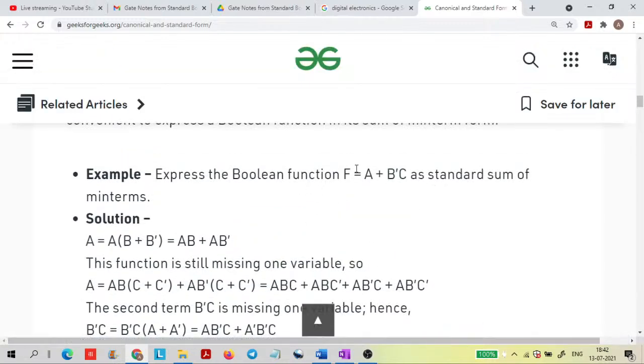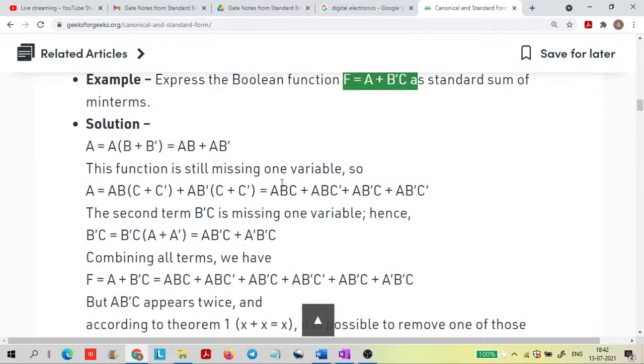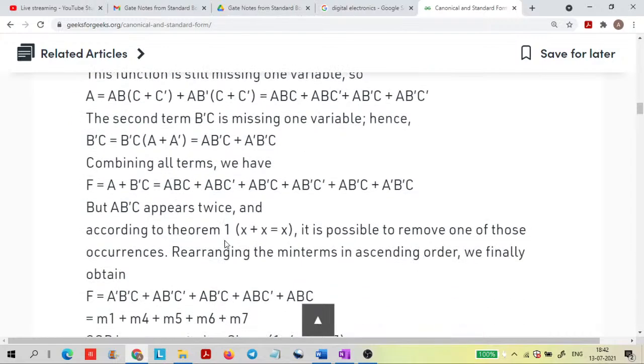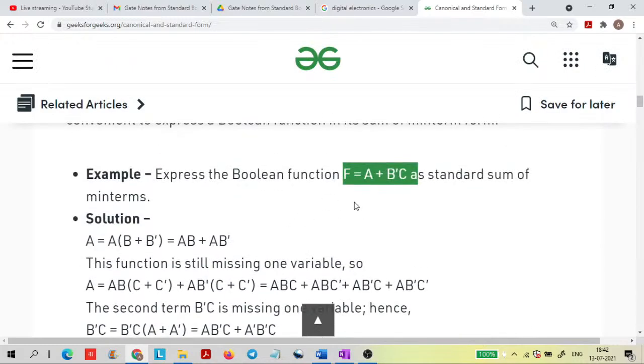So here the Boolean function a plus b bar c is to be expressed as a standard sum of min terms. The same example we discussed just now. There are 3 variables in total, but in the first term 2 variables are missing, and in the second term 1 variable is missing.